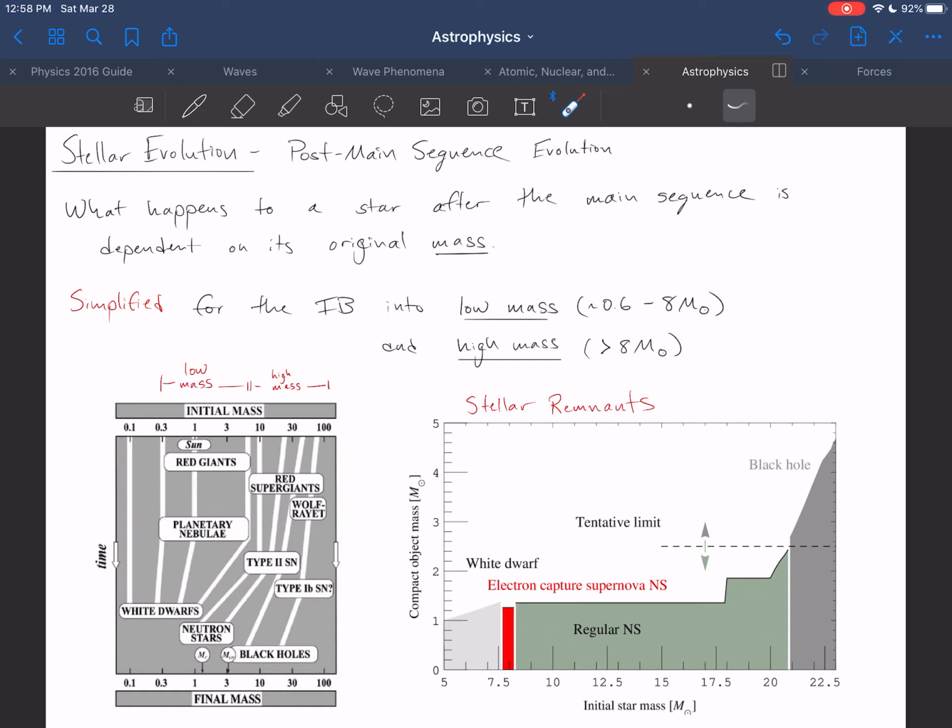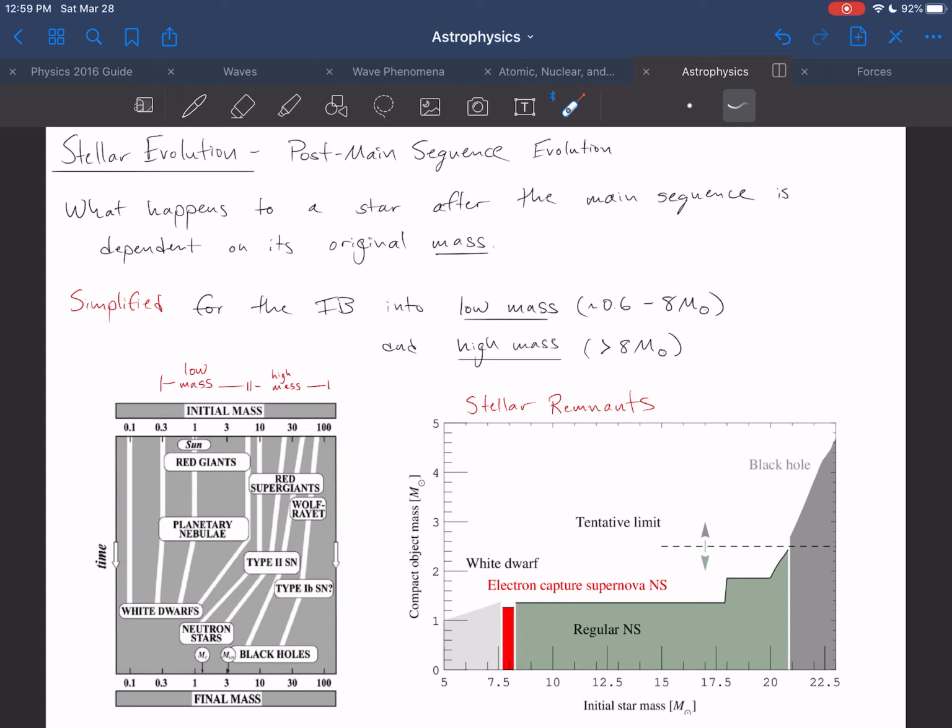Notice we're not talking about the very tiniest stars, the ones that are about half the mass of the sun or lower, about 0.2 solar masses. So generally low mass, including 1 solar mass and up to stars that are 8 times the mass of the sun, and high mass, greater than 8 solar masses here.